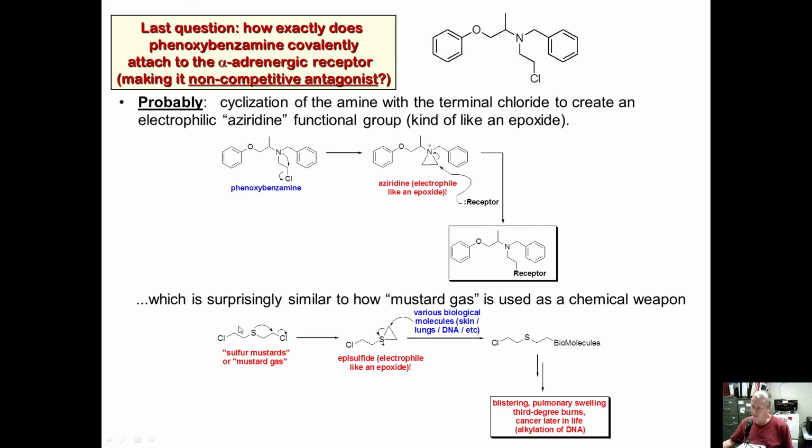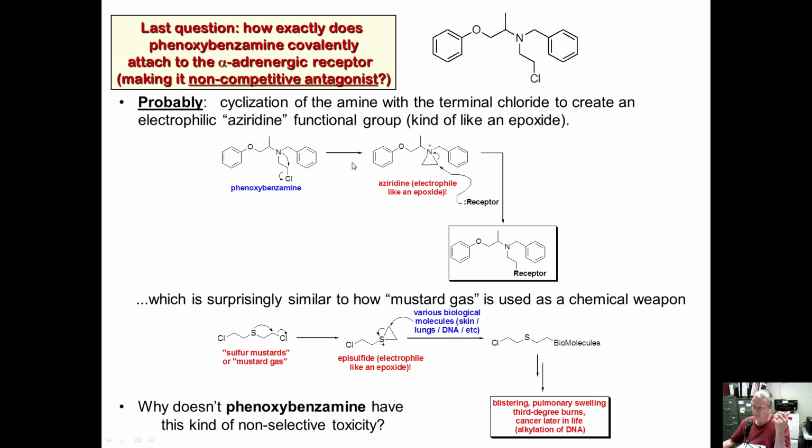But the sulfur attacks, and you get this episulfide thing, which is another electrophilic intermediate, and then your biological molecules in your skin, lung, DNA get attached. Especially in your lungs, there are a lot of biological problems: blistering, swelling, burns, cancer later in life because your DNA gets alkylated.